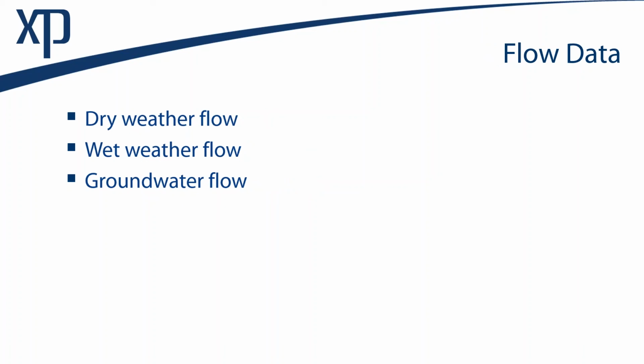We need flow information, so we know we're going to have dry weather flow, the loads on the system, the daily demands. But what happens to our system when we have a wet weather event? So we're going to see increased amounts of inflow and infiltration. We'll need data for that. How do we understand how much is going into the system?